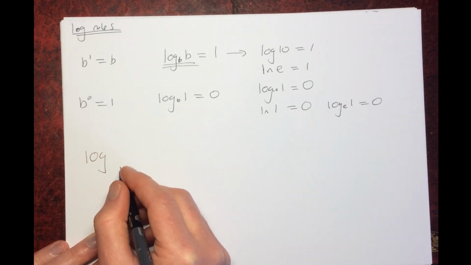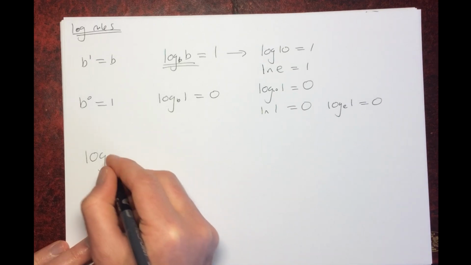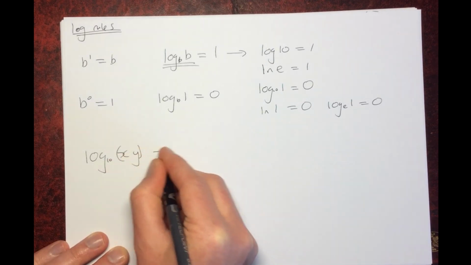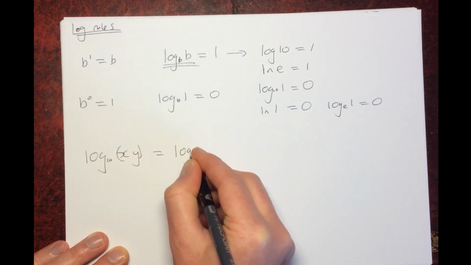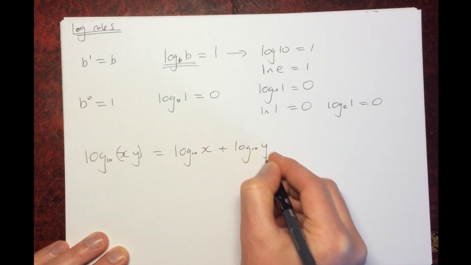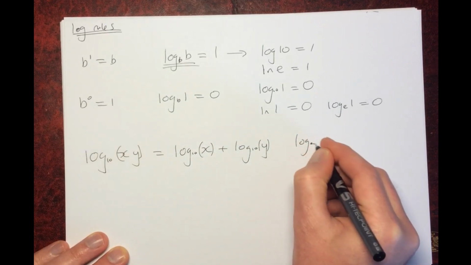Okay, next bit then, here's the next general rule. Log to the base, and this can be for any base now, but I'm just going to take as an example log to the base 10 of x multiplied by y. You can write that as log to the base 10 of x plus log to the base 10 of y, and this will also work for log to the base e.